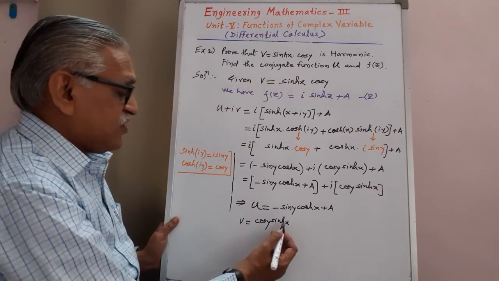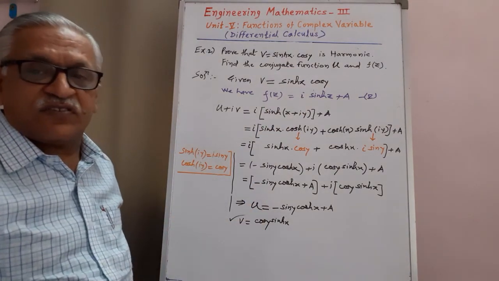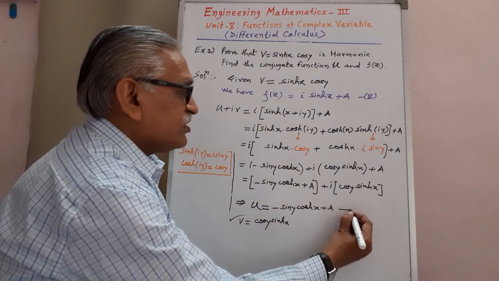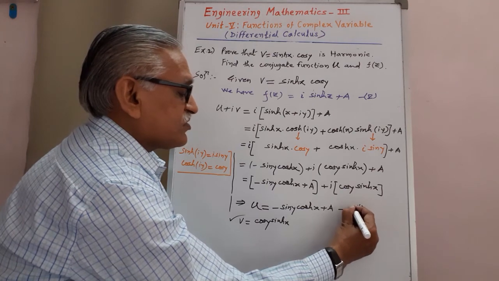Here v equals sin hx into cos y, and as we have the same v, whatever answer obtained for u is a correct one. Therefore, this is equation number 6.